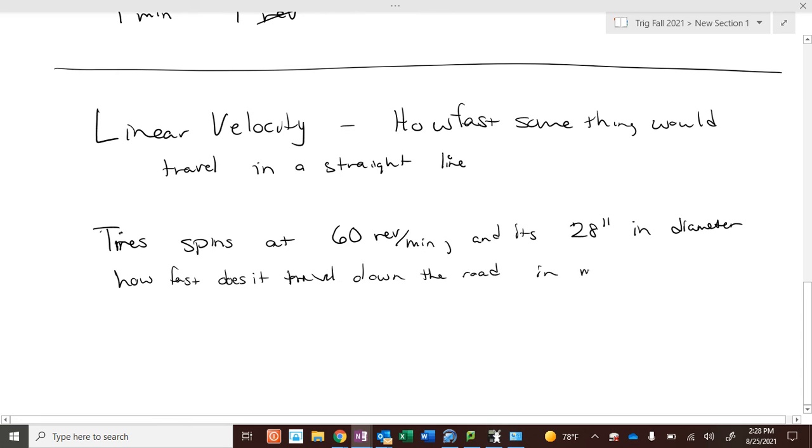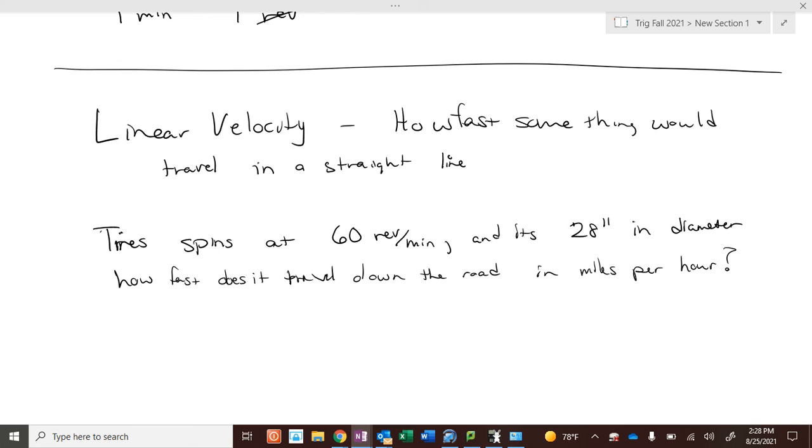In miles per hour. Okay. If a tire spins at 60 revolutions per minute, it's going pretty slow. And it has a 28-inch diameter. How fast does it go down the road in miles per hour?